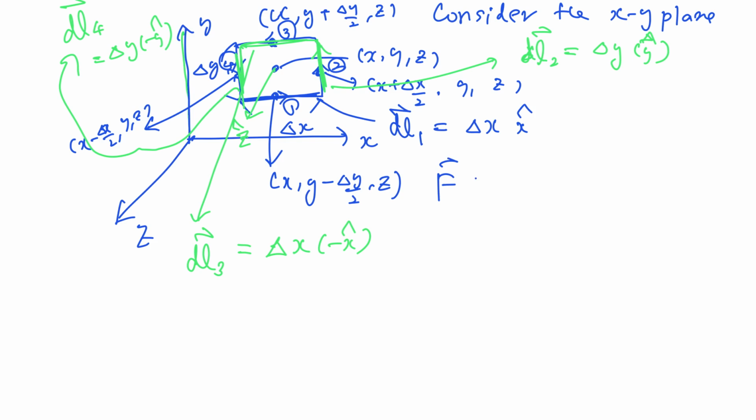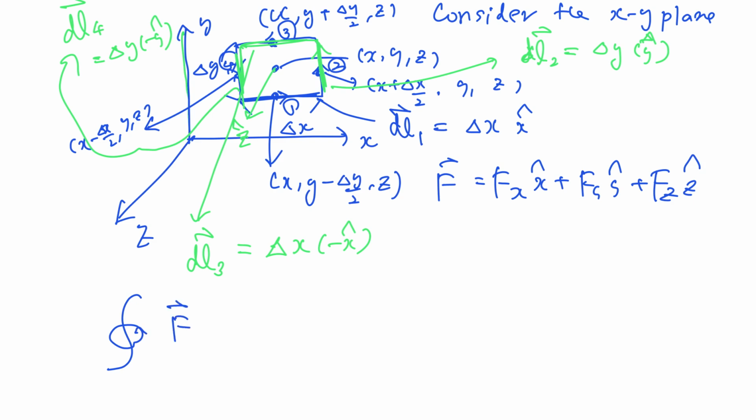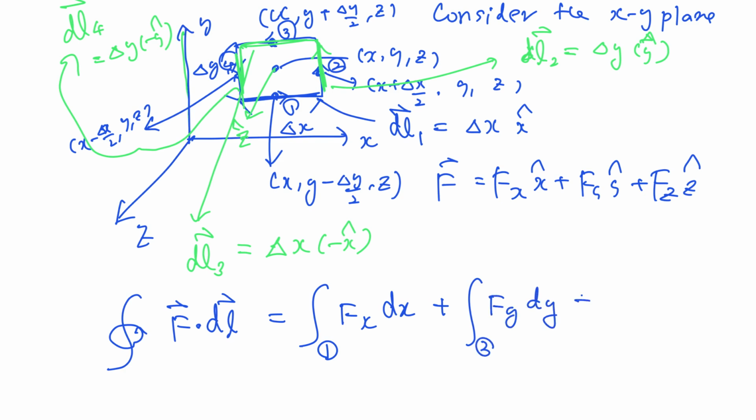So f is fx in x, fy in y, fz in z. Then we are going to consider the closed integral of f dot dl, which is along 1, fx dx, plus 2, fy dy, 3, fx minus dx, plus fy minus dy.